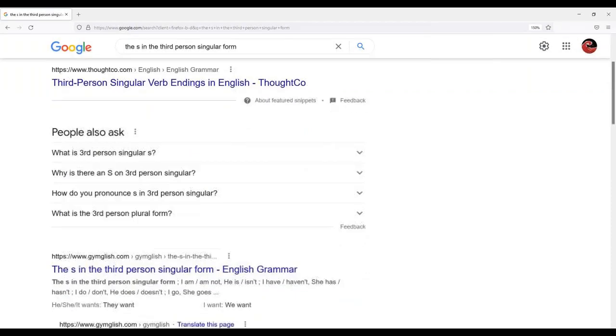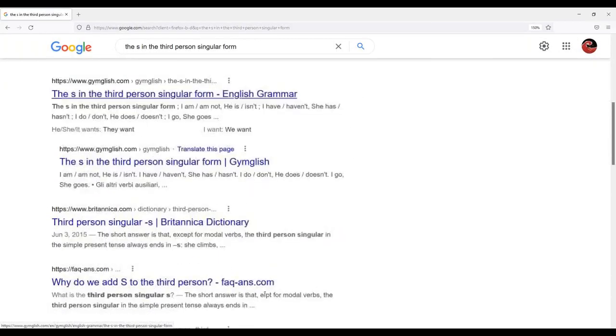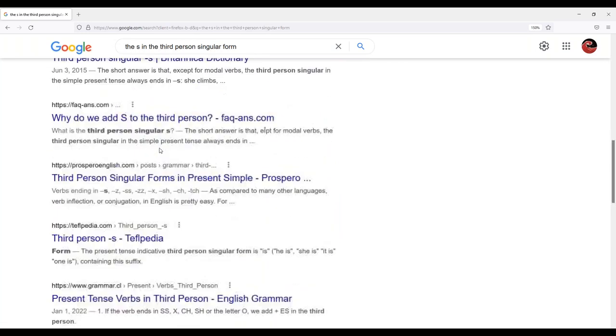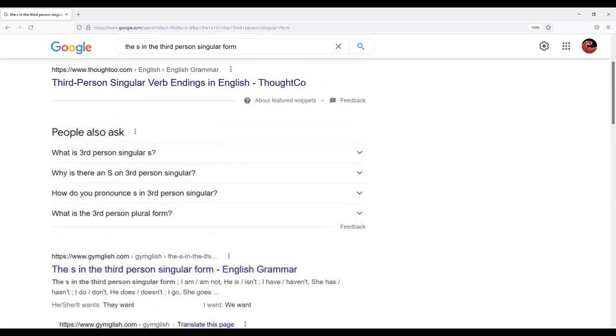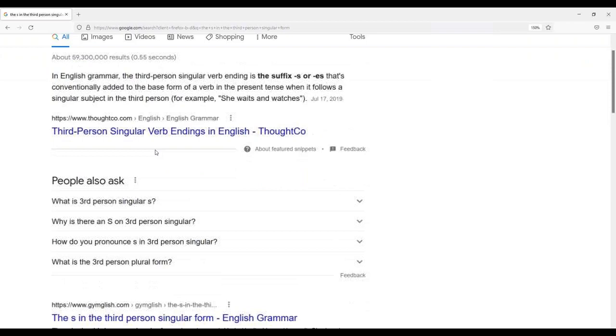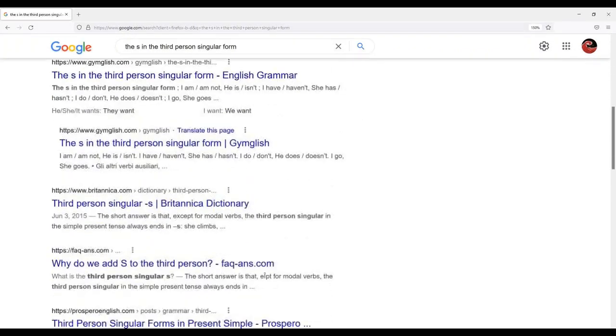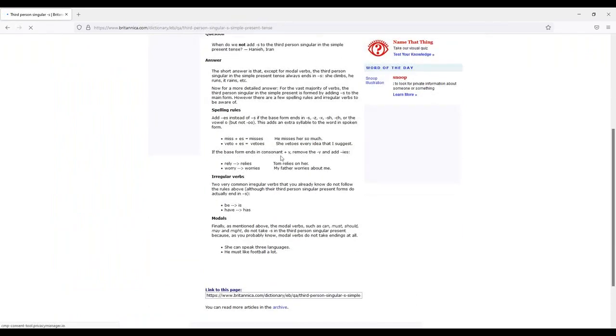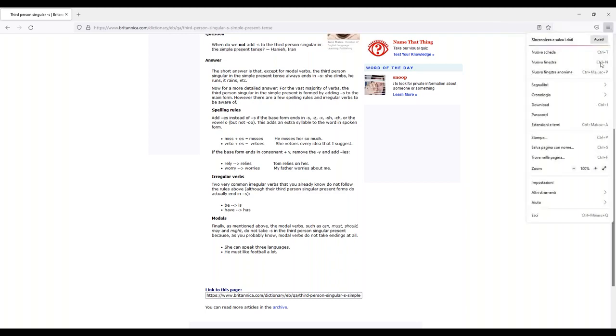Okay? And you're going to find several websites to choose from. So let's say, let's go to the Britannica.com. Okay. Spelling rules. Let me zoom in.